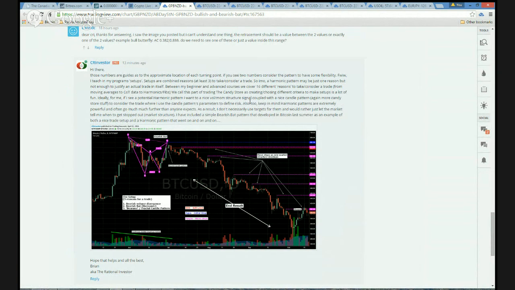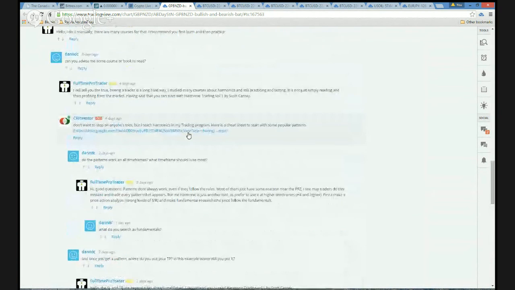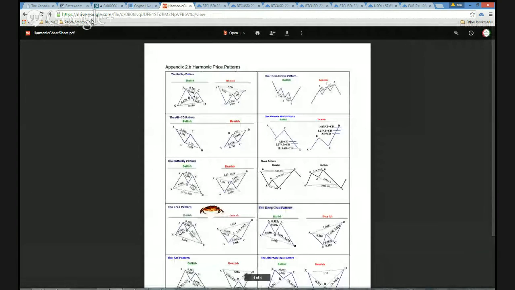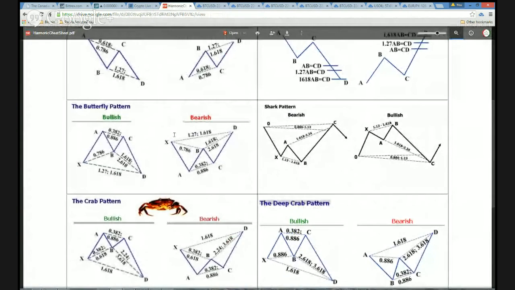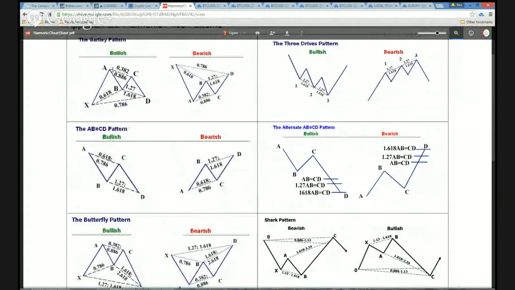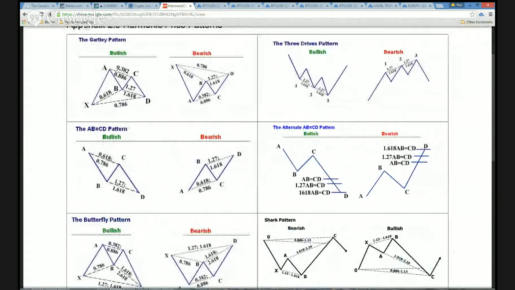So very handy information, and the more closely it adheres to these specific levels, right? And if we zoom in, for example, like the Gartley, that's 88.6, this number that you see here, right?